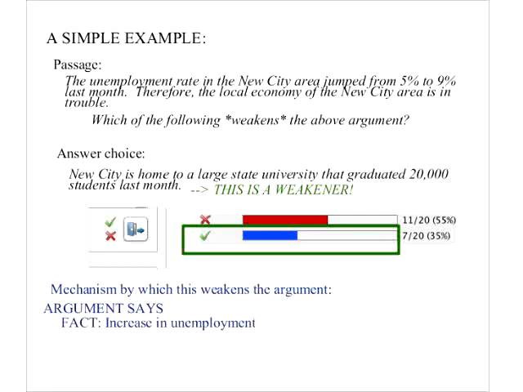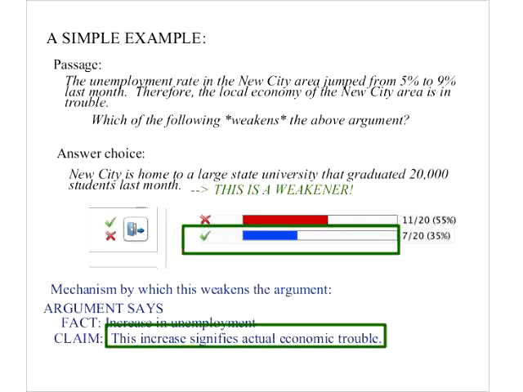So we know there was an increase in unemployment. We cannot attack this fact. Instead, what we need to argue is the line of reasoning. The claim is that this increase signifies actual economic trouble. This is what we need to attack, this claim. Because you can't attack facts in these arguments. You can only attack claims.